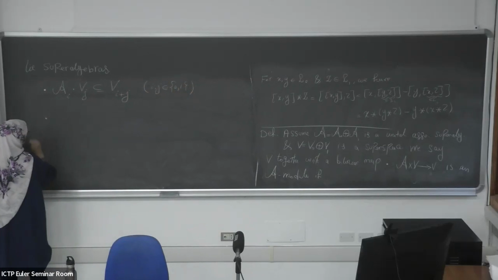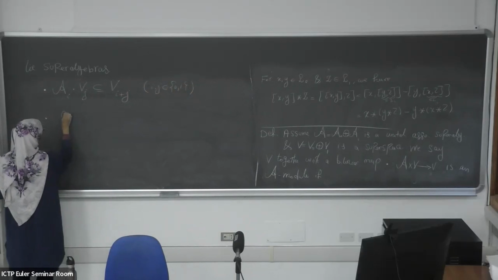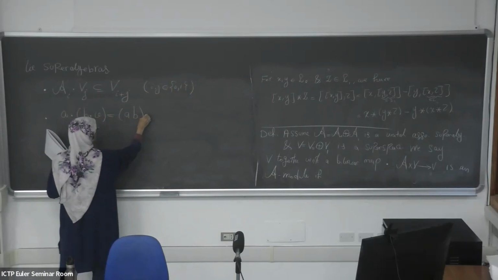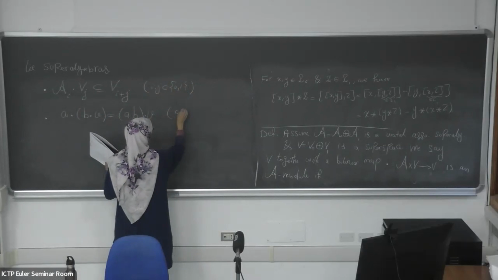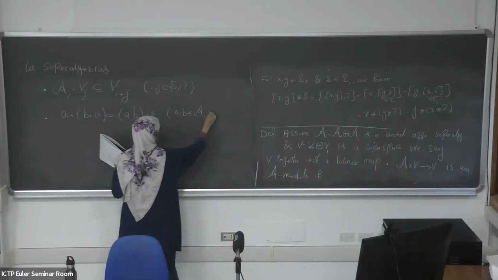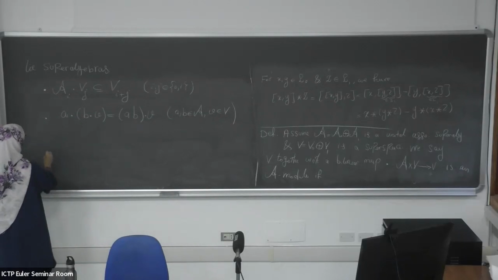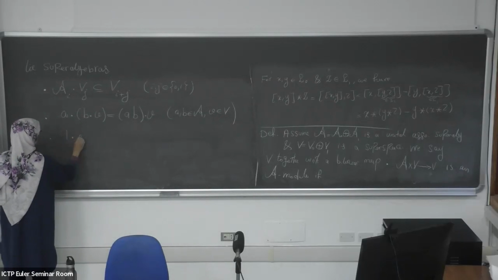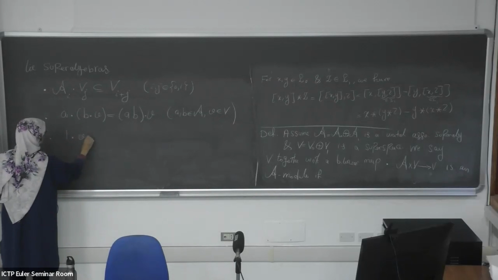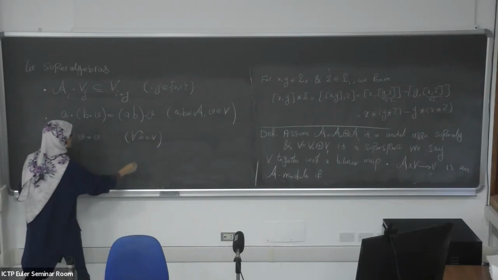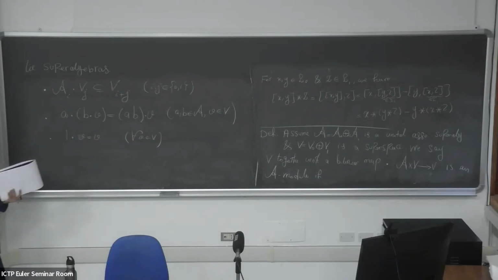And second of all, (ab)v = a(bv) for a and b belonging to A, and v belonging to V. And then we want 1_A v to be v for all v belonging to V. We call such a thing a module over A, or an A-module.